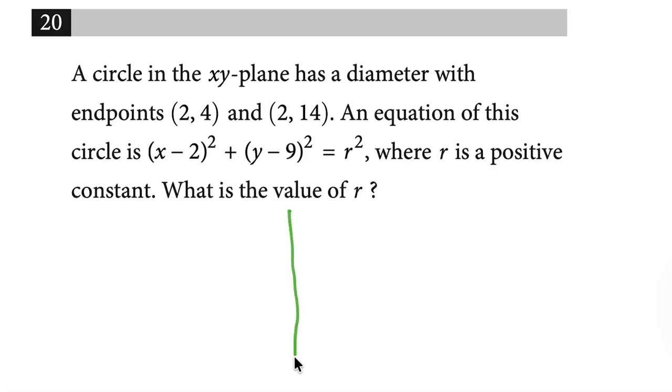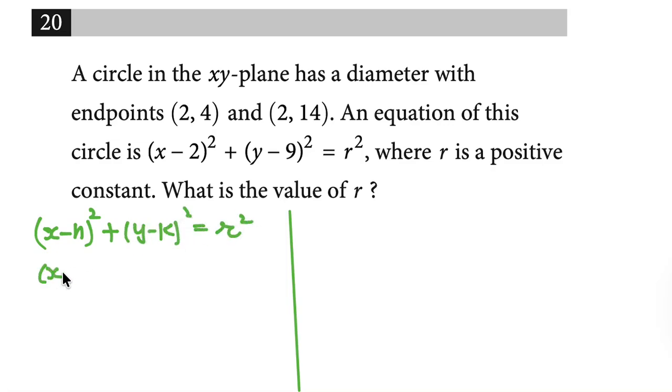Now first let's do it with the traditional method. The standard equation is (x minus h) whole square plus (y minus k) whole square is equal to r square. Here the given equation is (x minus 2) whole square plus (y minus 9) whole square is equal to r square. We will take any of the coordinates, let's take (2, 4).